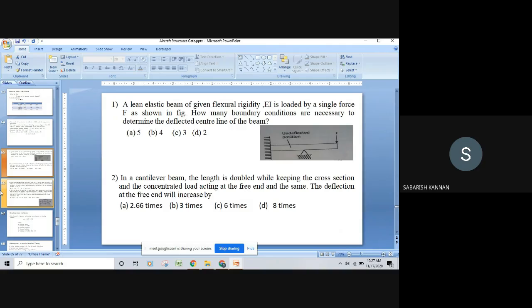Just read the question again. They give a figure, a lean elastic beam of flexural rigidity EI loaded by a single force F. How many boundary conditions are needed?